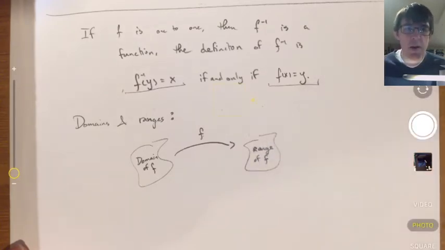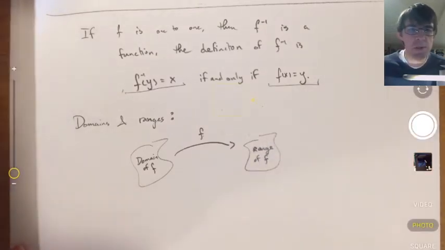I'm thinking of this more in terms of set theory, or sets of numbers. The domain is a set of numbers, usually an interval in the real numbers or something like that. But whatever it is, it's just a bunch of numbers which make up the domain. You can think of f as a transformation which takes those numbers in the domain and turns them into some other numbers, and that makes up the range.